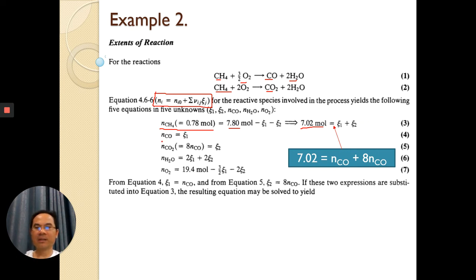And then for carbon monoxide, the mole of carbon monoxide output equals the input, which is 0, plus the summation of nu ij Cj. For this case, carbon monoxide is involved in the first reaction only, which means it is a product, +1 multiplied by C1.